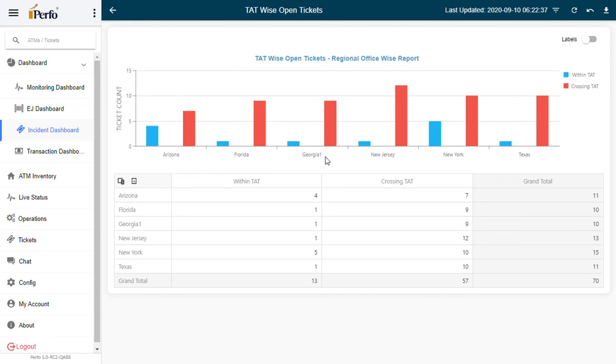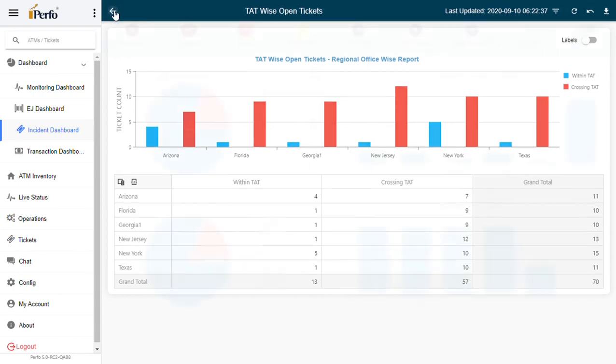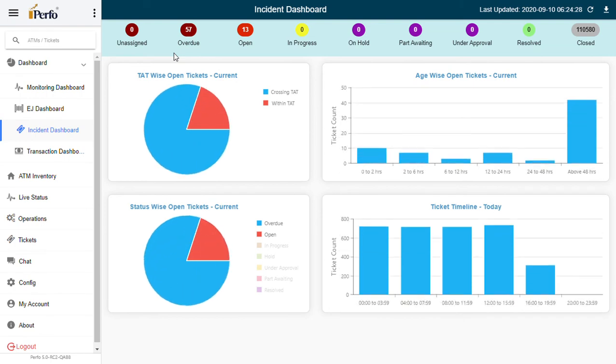So you can request those service agencies by producing these reports to them. They themselves will be able to see that yes, there is a problem and it can be addressed by them. So continuous improvement in the operations process can be achieved through these analytic screens of Perfo.